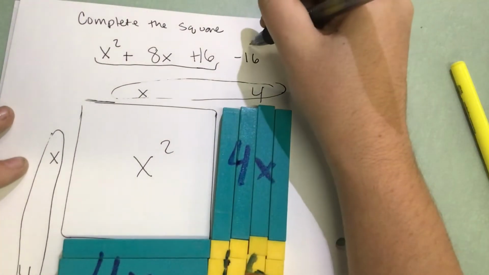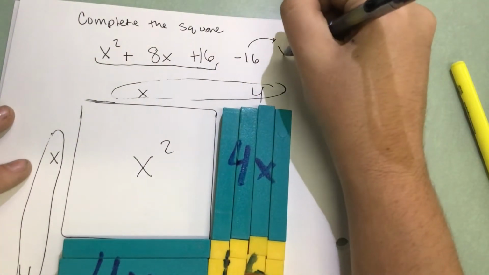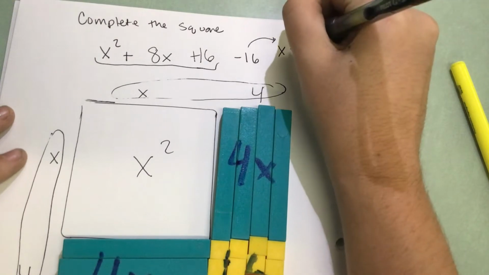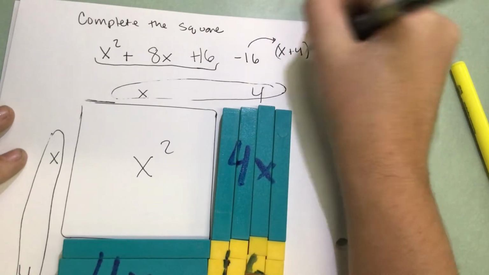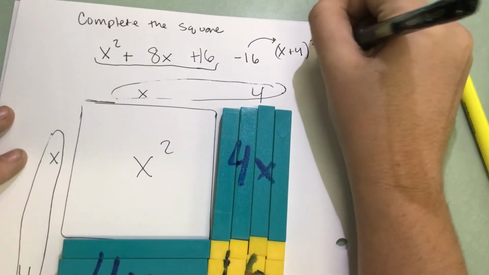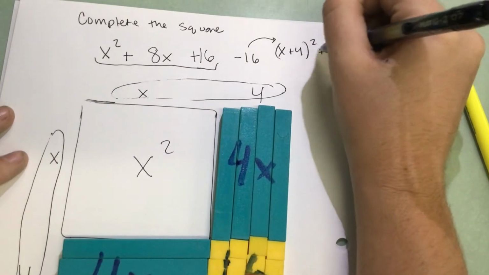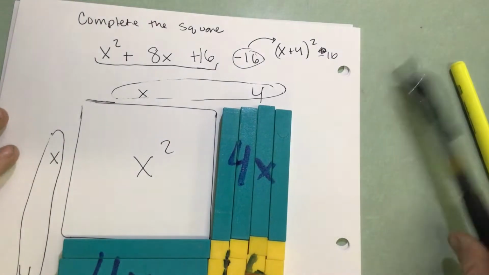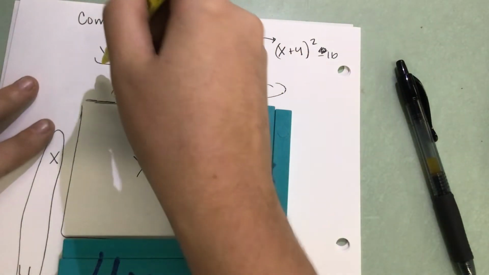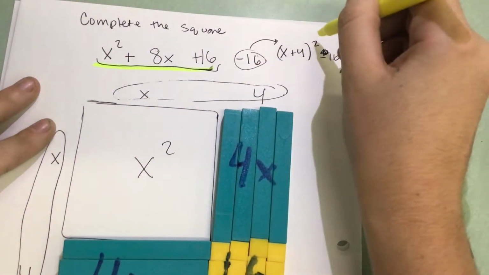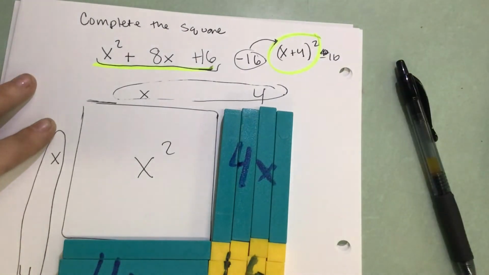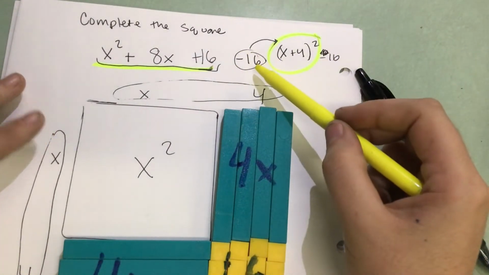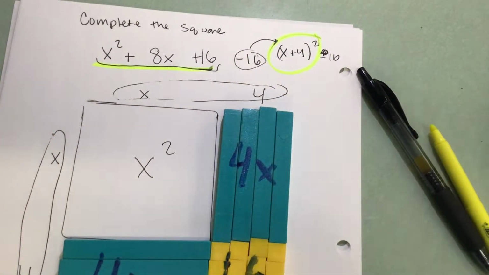So if I were to rewrite it, I would get x plus 4, 2 times. I'm going to add that, and I'm going to subtract that 16 on the end. So everything right here became this, and I had to subtract 16 on the end to keep my equation balanced.